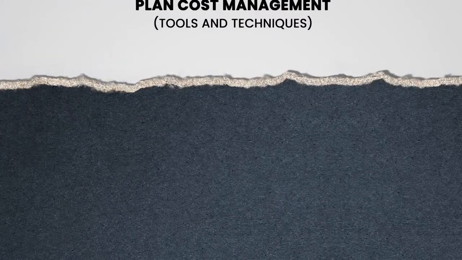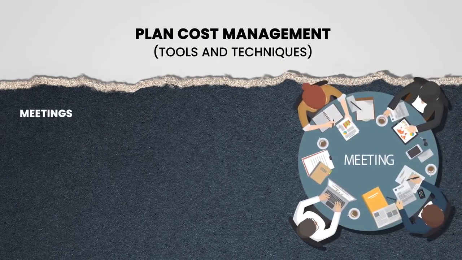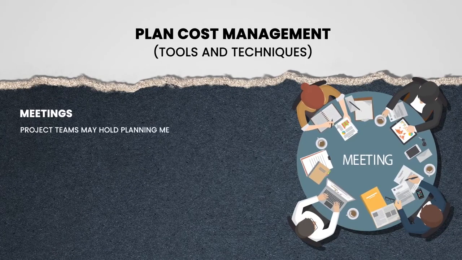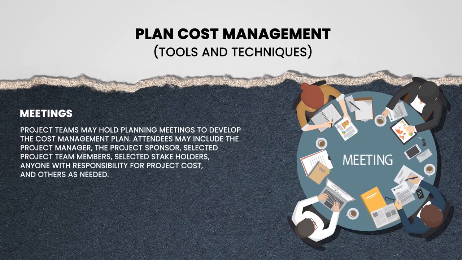And last on the tools and techniques of the project management plan are meetings. Project teams may hold planning meetings to develop the cost management plan. Attendees may include the project manager, the project sponsor, selected project team members, selected stakeholders, and anyone with the responsibility of project cost, and others as needed.